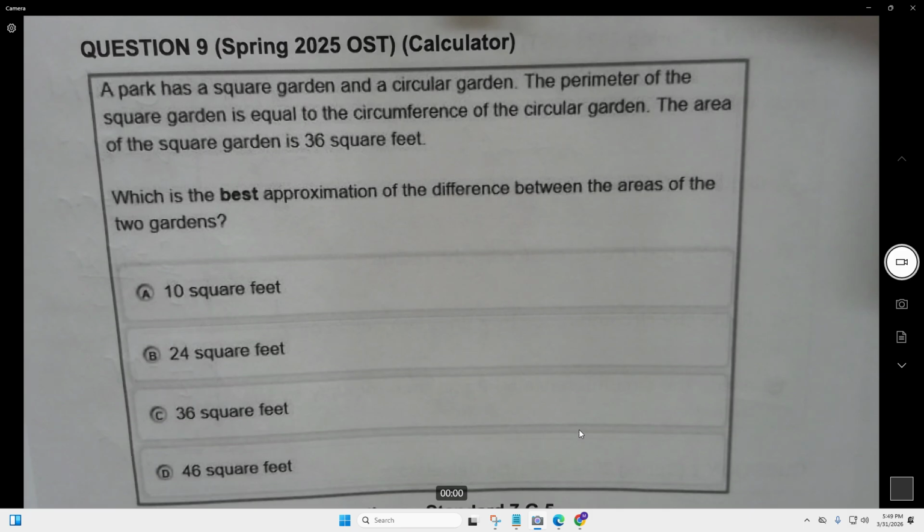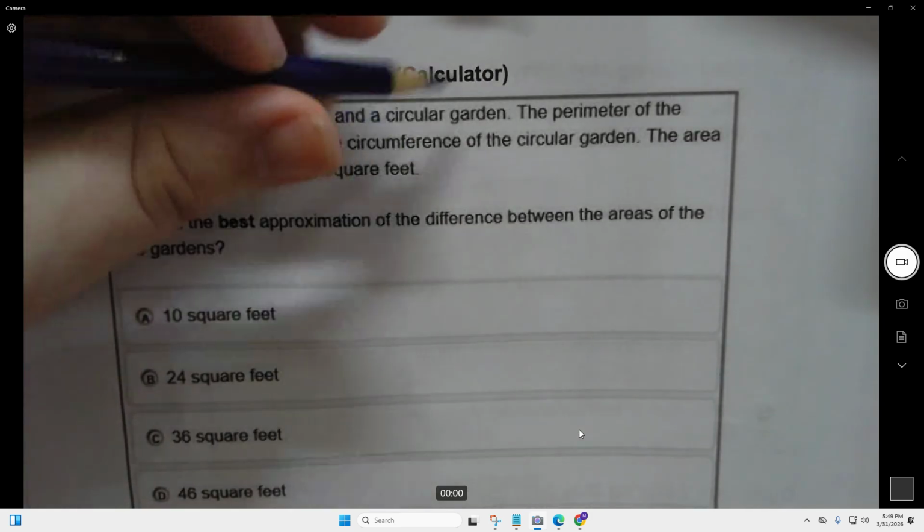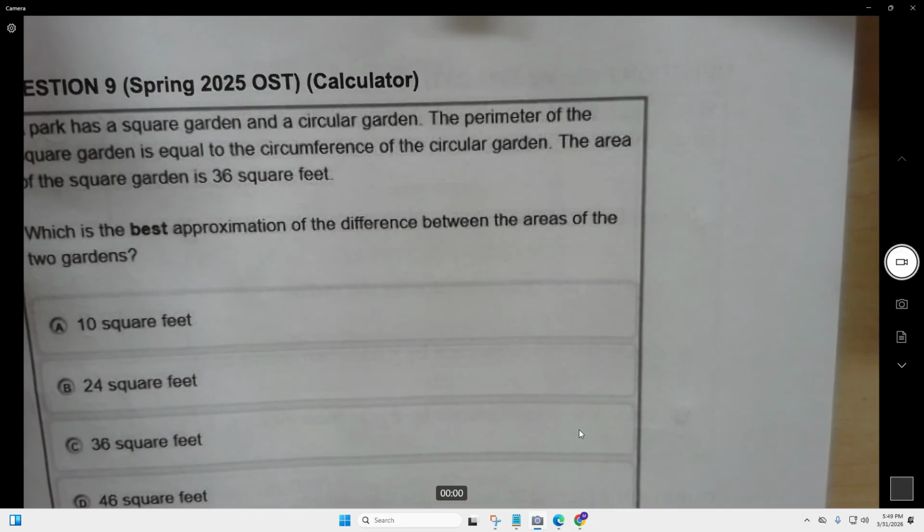All right, well, let's think about what we know. The perimeter of the garden is equal to the circumference of the circular garden. The area of the square garden is 36 square feet. How do you get to 36?